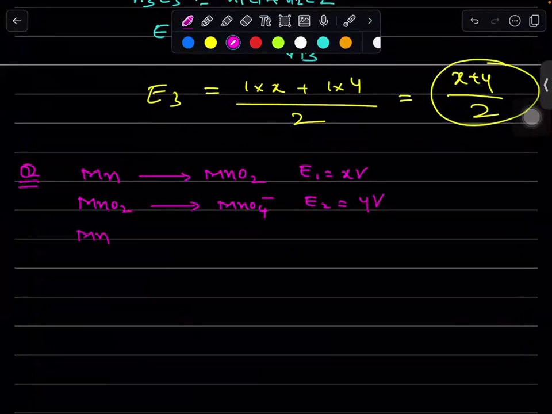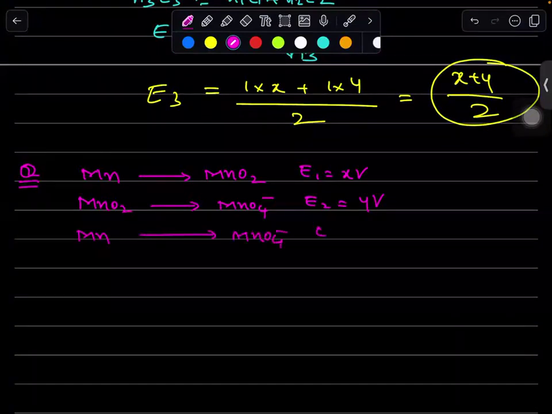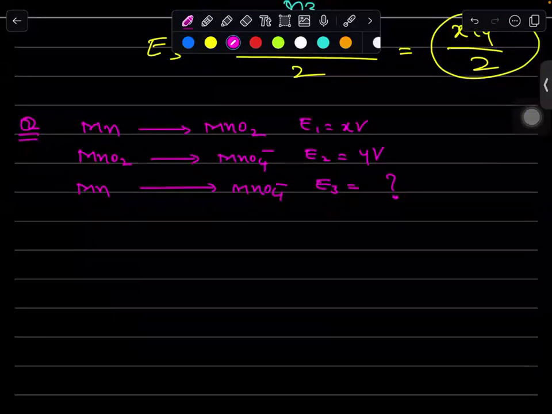Then Mn becoming MnO4 minus, E3 will be what? This is the question. So what we do first is find the electrons and everything.